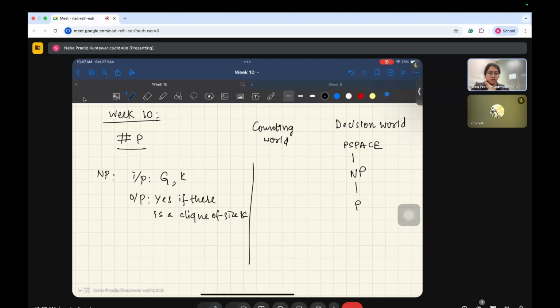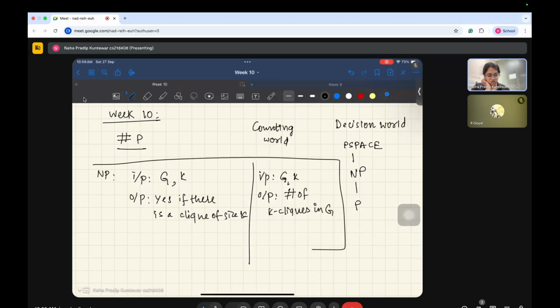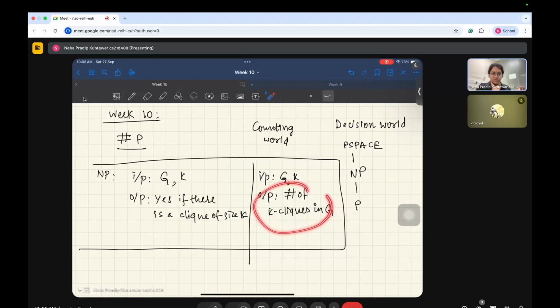And the counting counterpart would be that the input to us is G comma k and the output is the number of k-cliques in G. So this is a much stronger question, because if we have the answer to this, we definitely have the answer to the decision version: just check whether the count is greater than 0. If it is, say yes; if not, say no. So this is clearly more difficult than the NP counterpart.